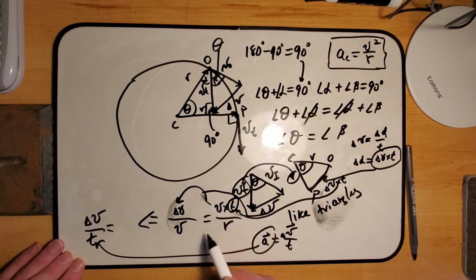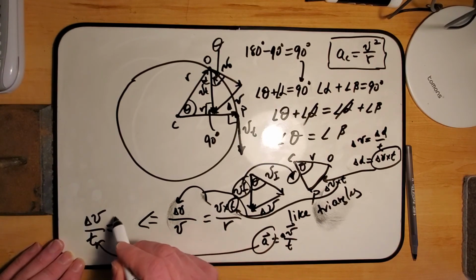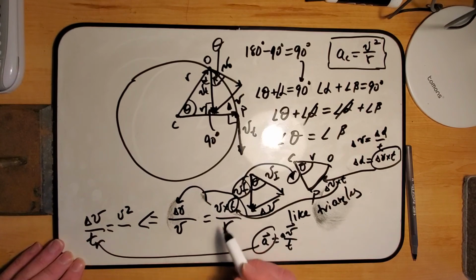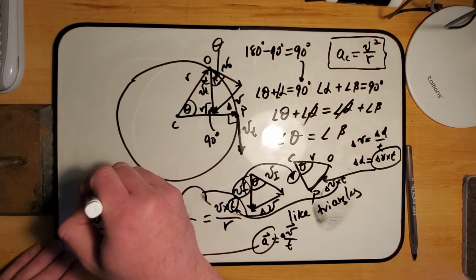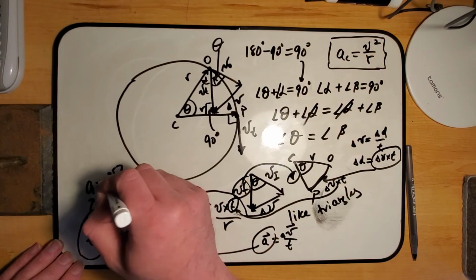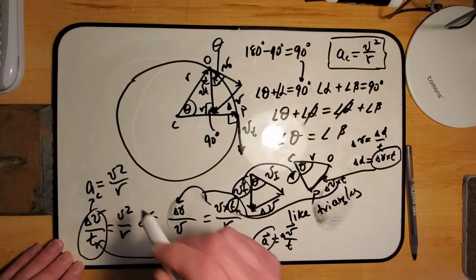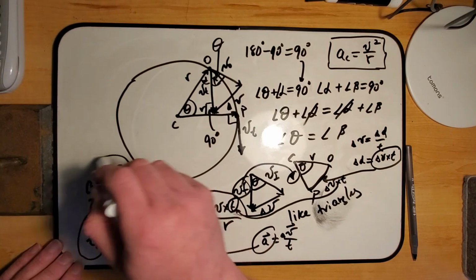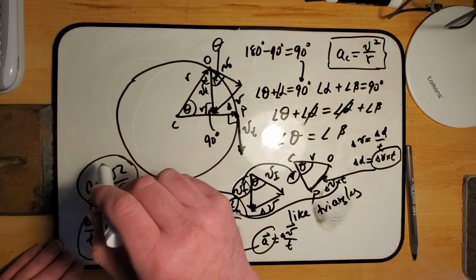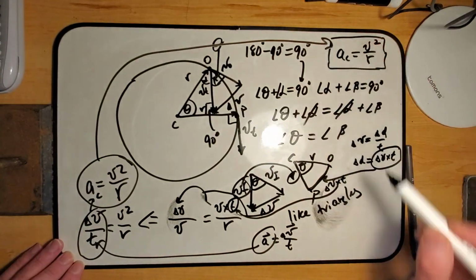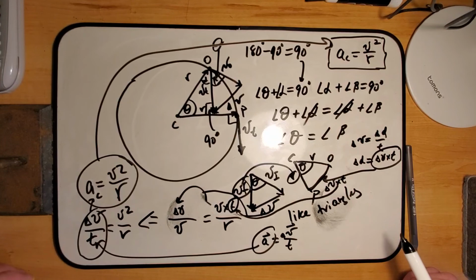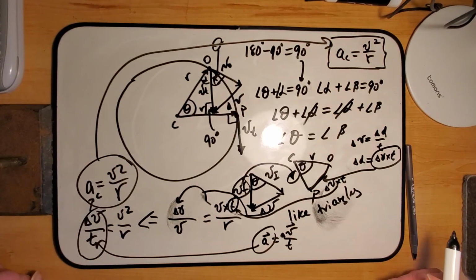I'm just rearranging this equation. So this goes down, this goes up, v times v, v squared over the r. And so this now will be replaced by the acceleration a, centripetal, equal to v squared over r. And so what we did, we just proved that a centripetal is equal to v squared over r, and that's what the original statement was in your textbook, centripetal acceleration is equal to v squared over r.